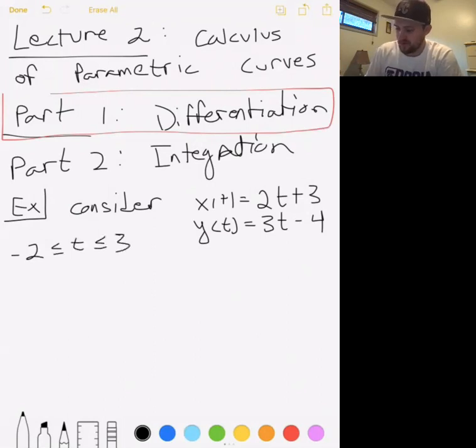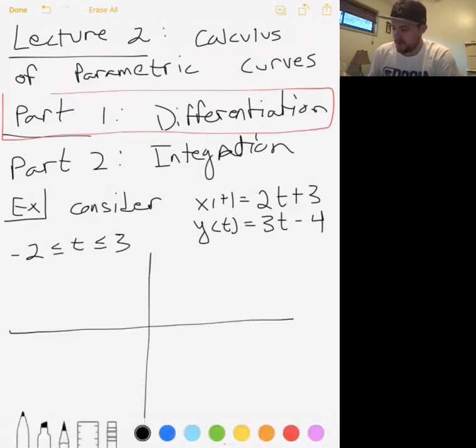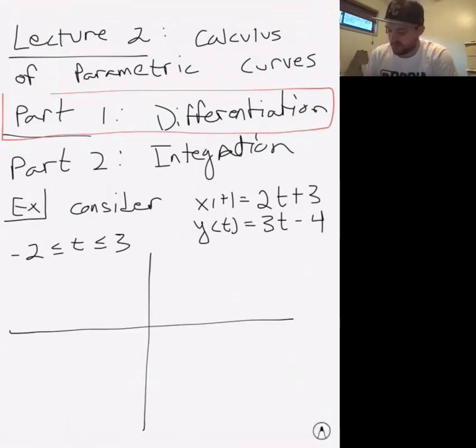If we look at a sketch of this parametric curve, in the first video we learned how to get a sketch of these things, but I'll just go ahead and write one down for now. So we start here, when t is -2, at the point -1, -10. So 1, 2, 3, 4, 5, 6, 7, 8, 9, 10.